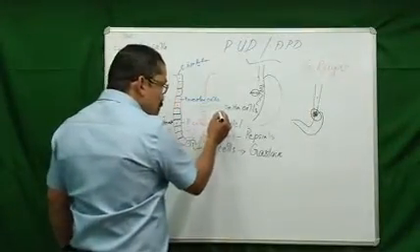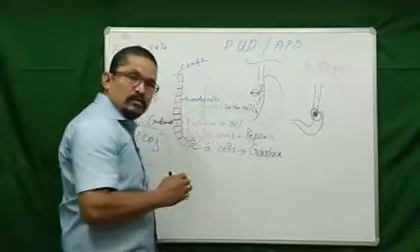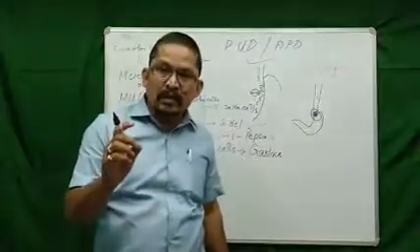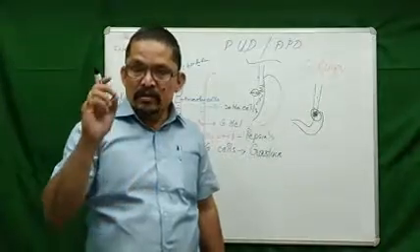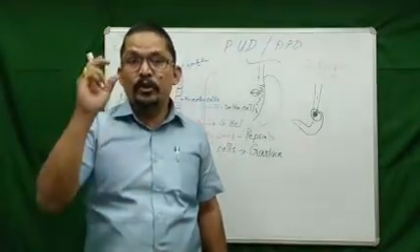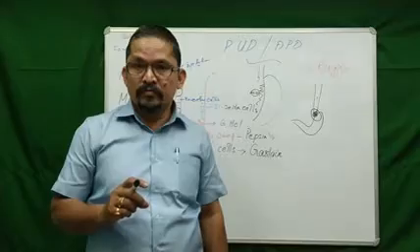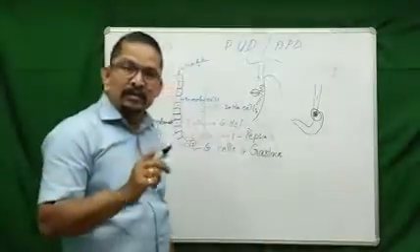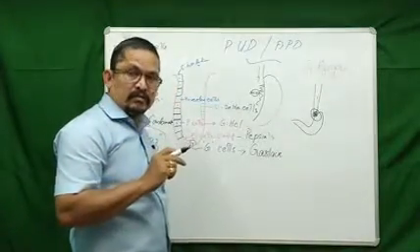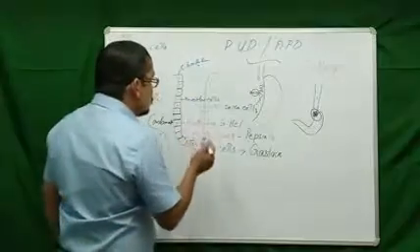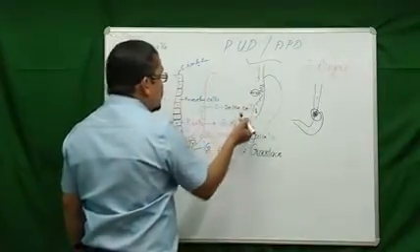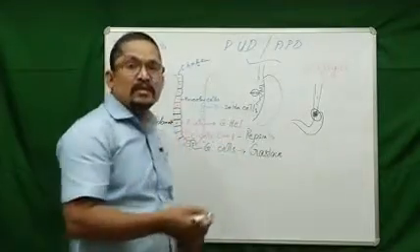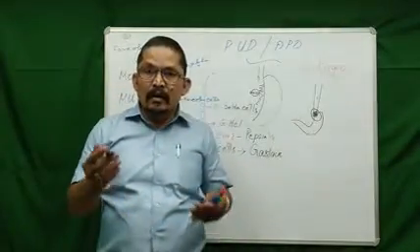Next, about the D cells. D cells are specially responsible for the synthesis of somatostatin. The hormone somatostatin inhibits the G cells, and also inhibits the P cells. For what?